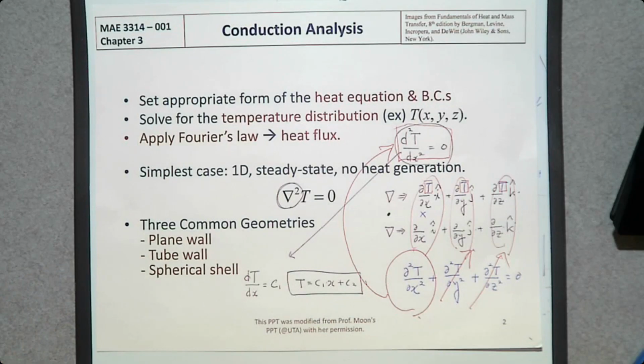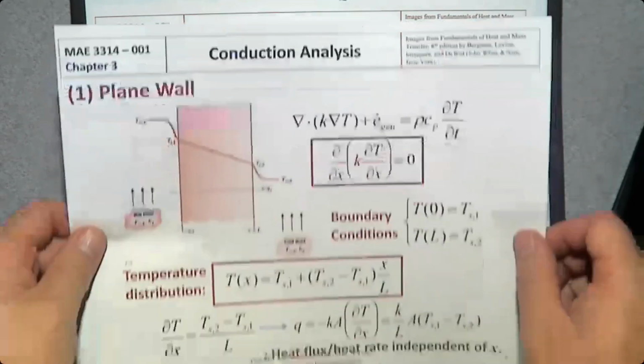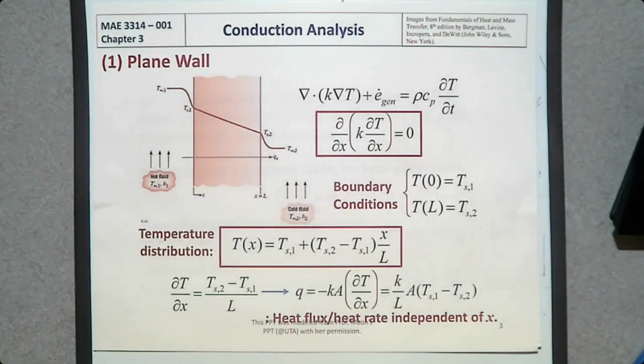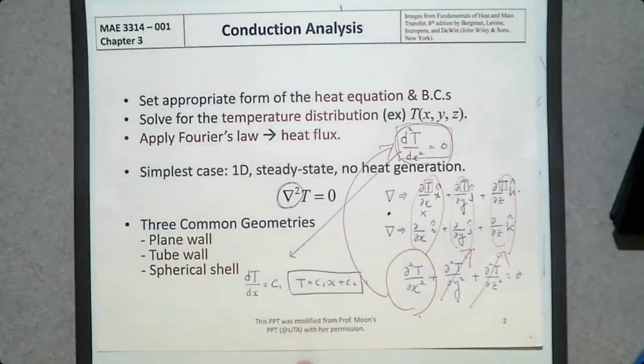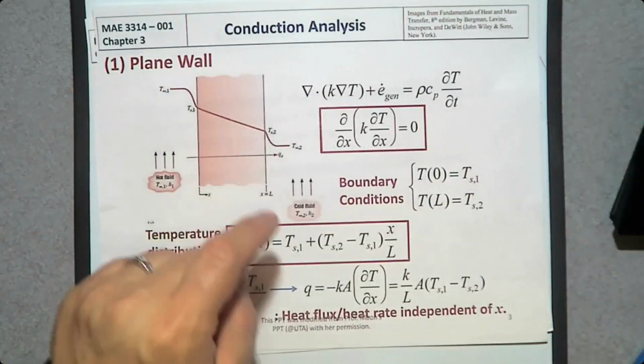Then, that is the mathematics. So let's talk about this equation physically. Here, we have a plain wall, and let's see how this equation looks. T equals C1 x plus C2 on a plain wall.